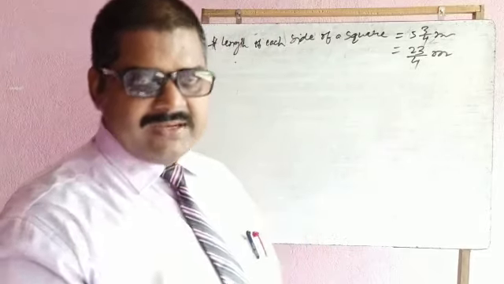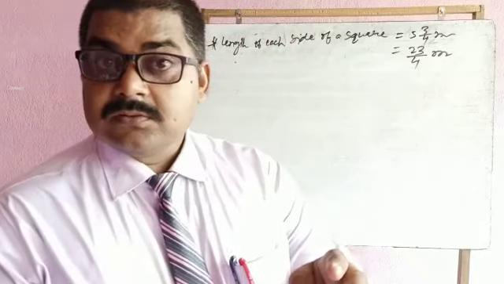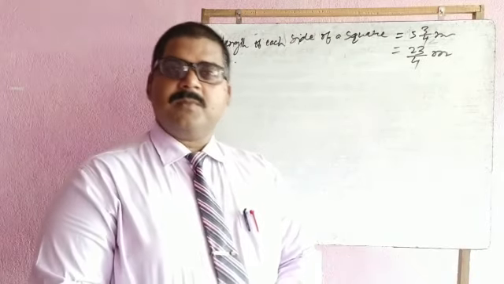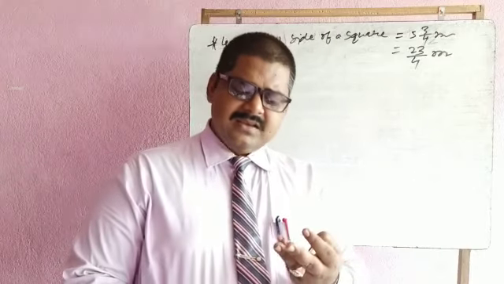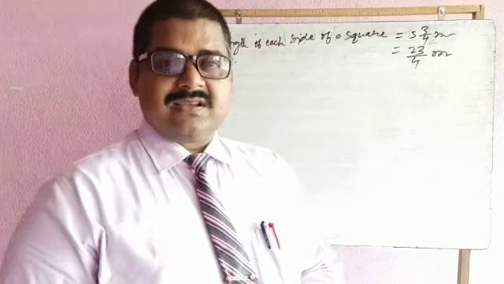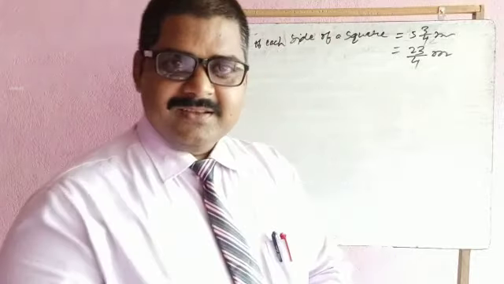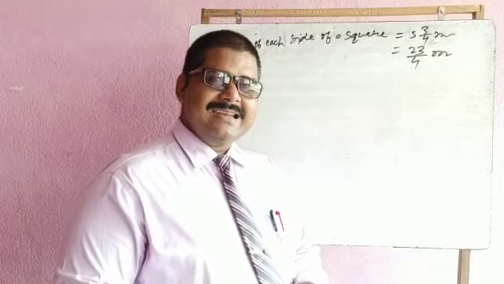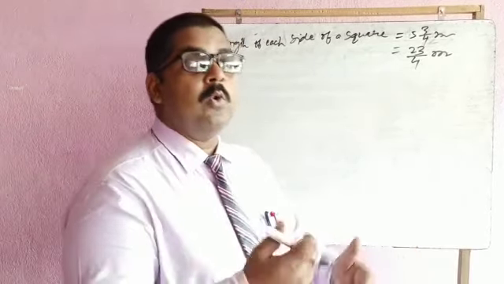You know very well that the perimeter of the square is equal to the sum of all sides. A square has 4 sides, so you add side plus side plus side plus side, 4 times. A side is generally represented by A, so it is equal to 4A.